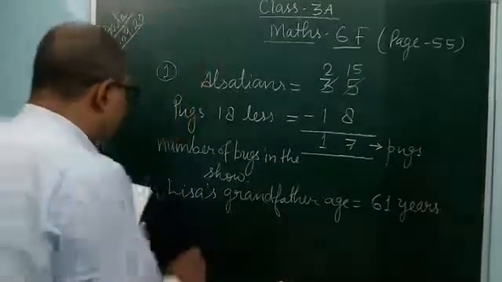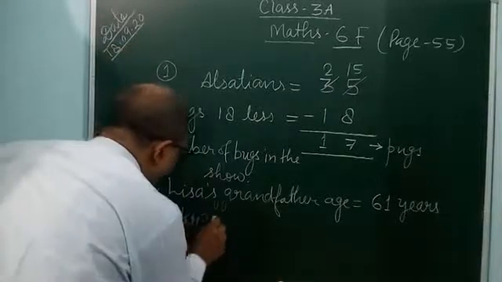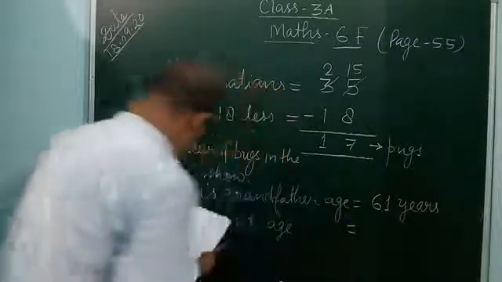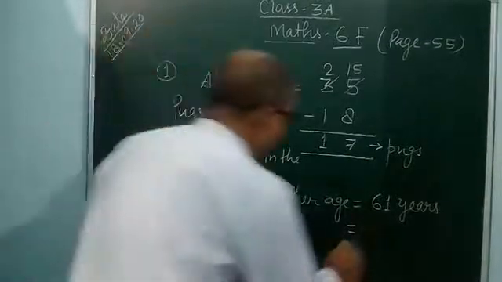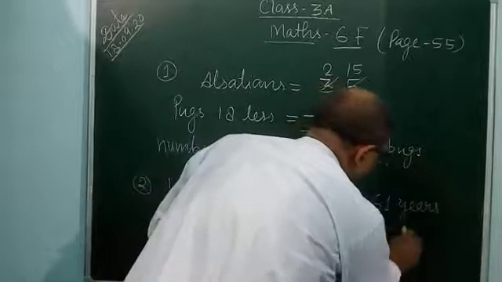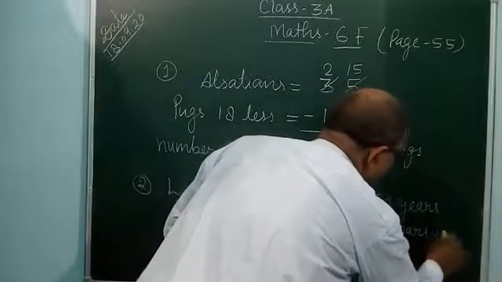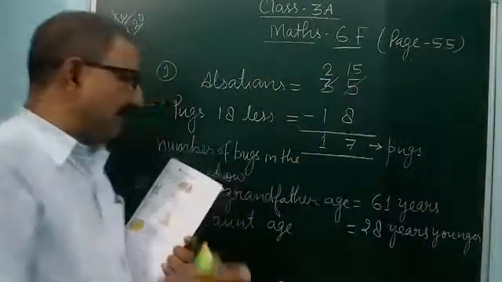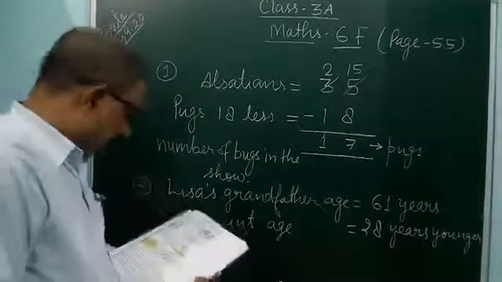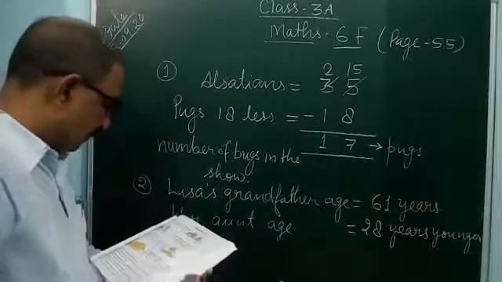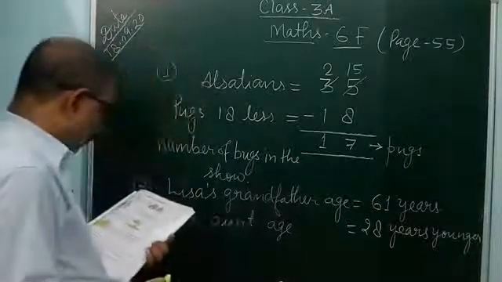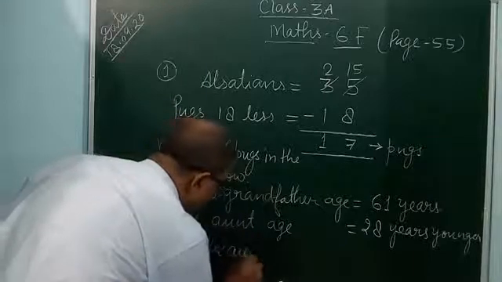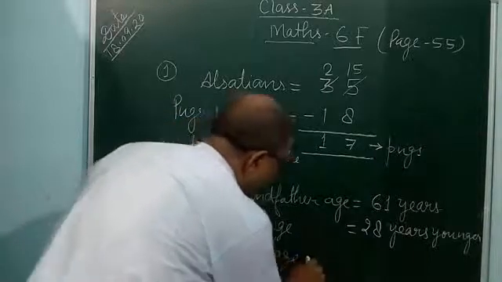Her aunt is equal to 28 years younger. It means her aunt is 28 years younger. How old is her aunt? It means her aunt is equal to question mark.